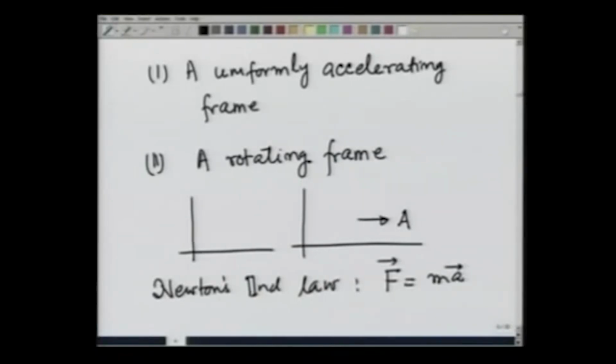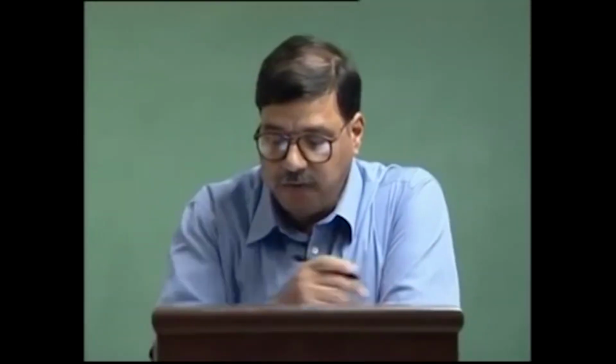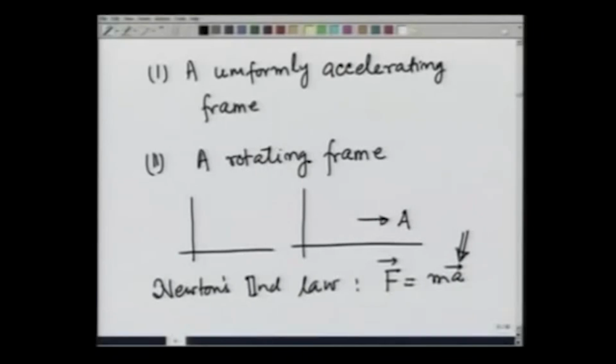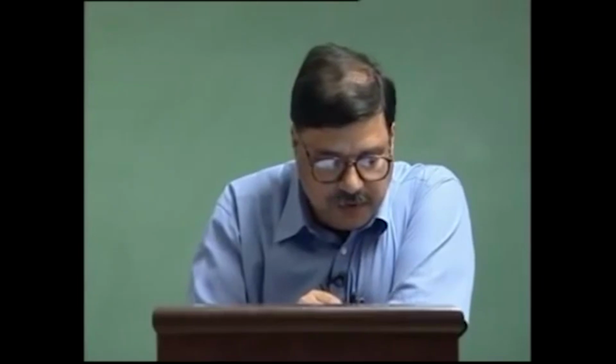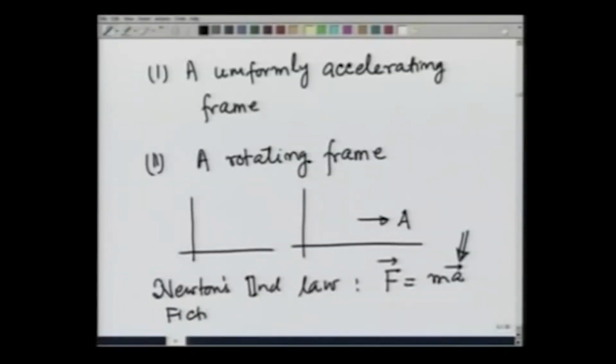Therefore, if you see things accelerating without any apparent force, to account for this apparent acceleration you have to introduce certain forces, and we call these forces fictitious or pseudo forces. For example, if you are sitting in a uniformly accelerating frame, you will have to imagine as if there is a force pulling things backwards, opposite to the direction in which you are accelerating, and that would be a fictitious force equal to m times a.